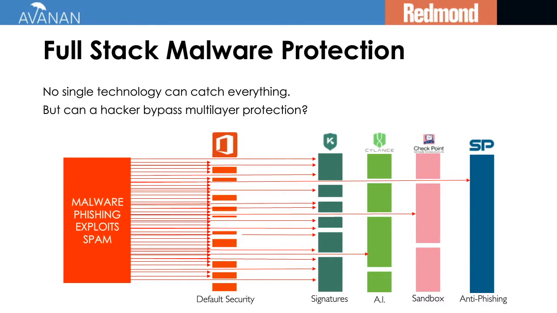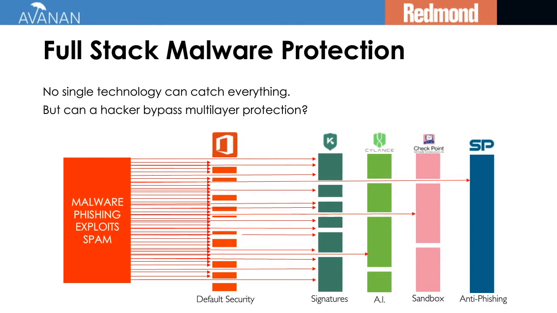There are tools out there that can get by sandboxing. There are tools out there that already know the latest signatures and can pass by the signature-based system, which is why the new AI malware detection using machine learning is so valuable, or active content analysis.